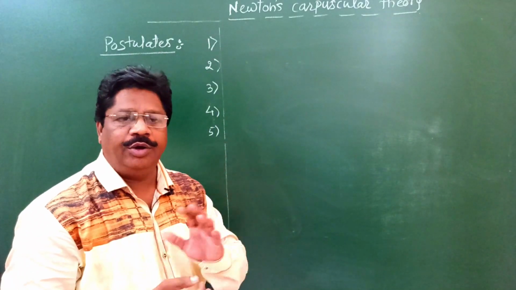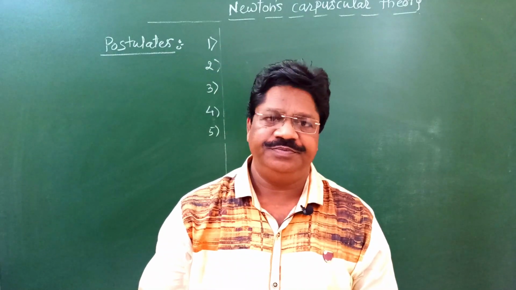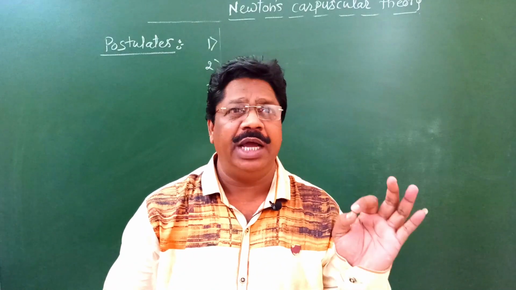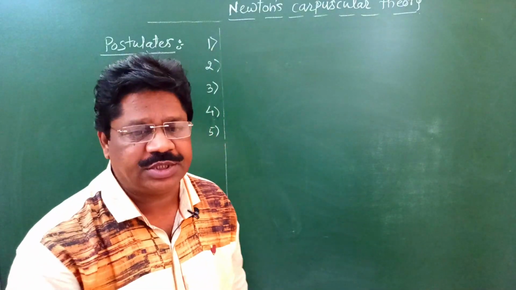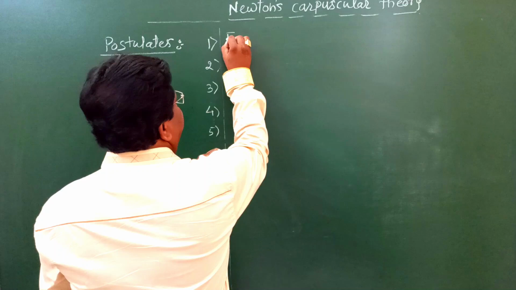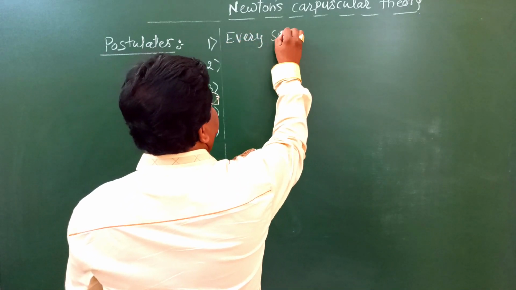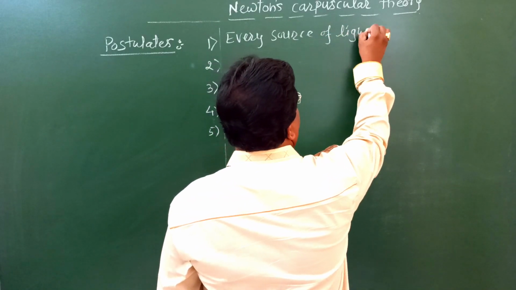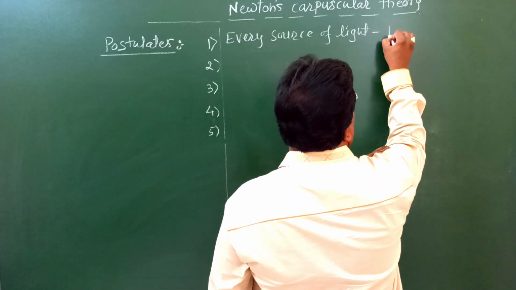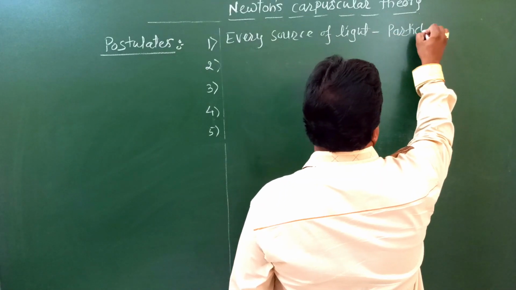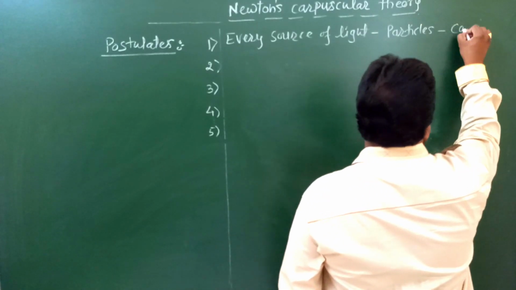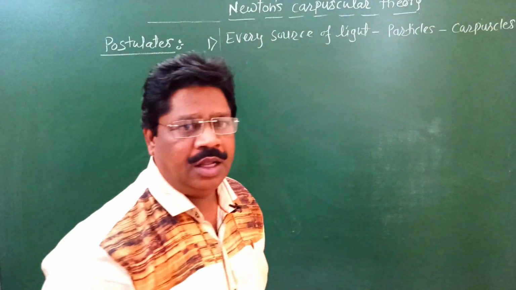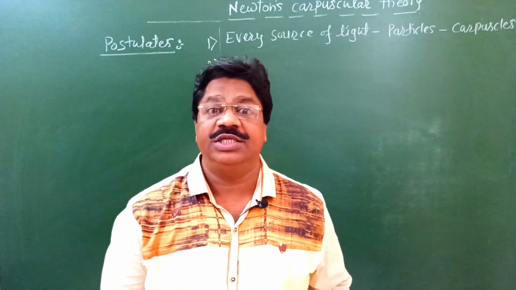According to Newton's corpuscular theory, every source of light emits extremely minute particles called corpuscles.